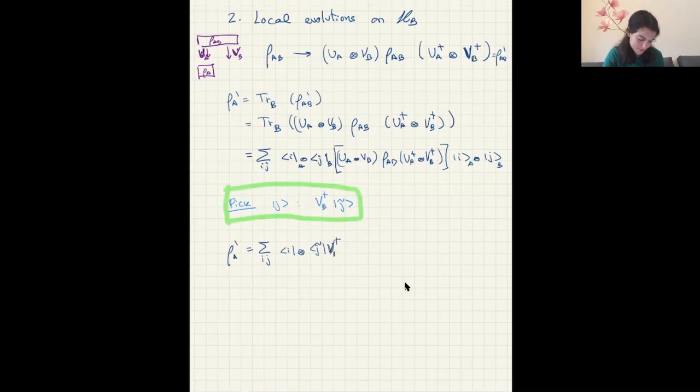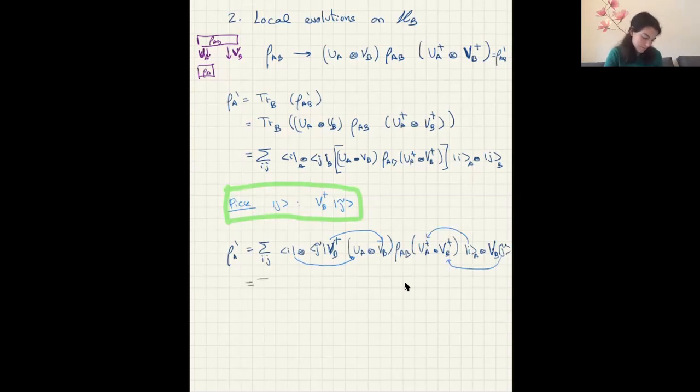V tilde, V dagger B. And now we have here UA times VB, Rho B, UA dagger times VB dagger. And now we have here I on A, and here we have VB, J tilde. Okay. So now we just act with the tensor product. We know that this acts only there, and this acts only here. This acts there, this acts there.